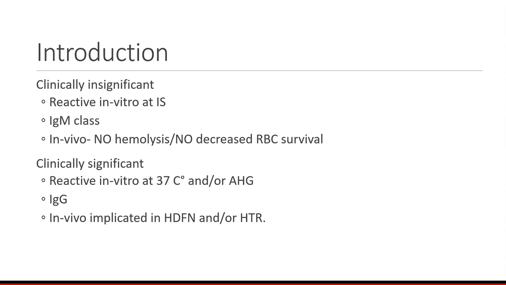A clinically significant antibody is reactive in vitro in the test system at 37 and or Coombs. The antibody class is IgG, and in vivo, it has been implicated in HDFN and or HTRs. Those are the differences, and you must memorize them. This gives you the ability, as we go along, to chunk your information.